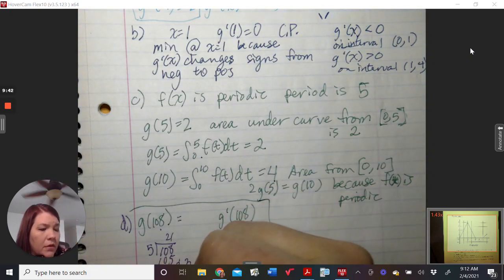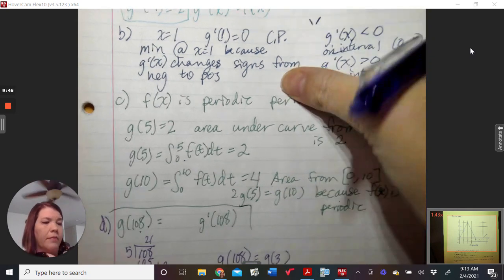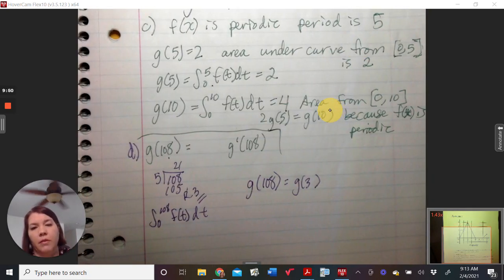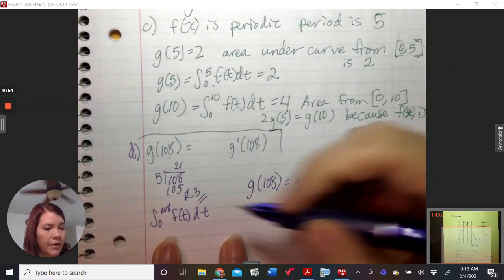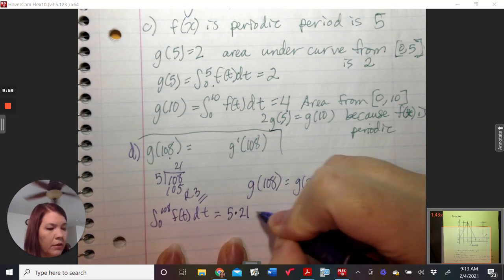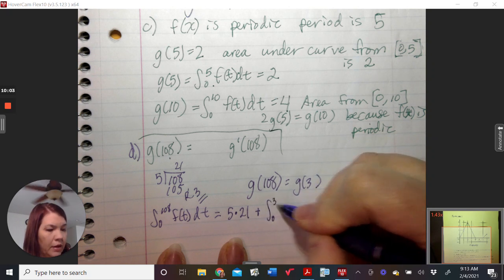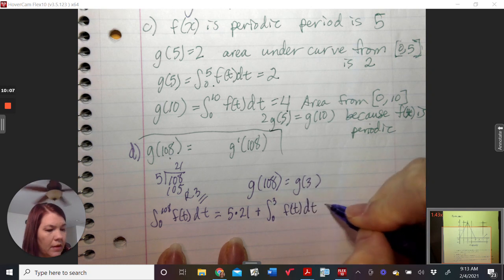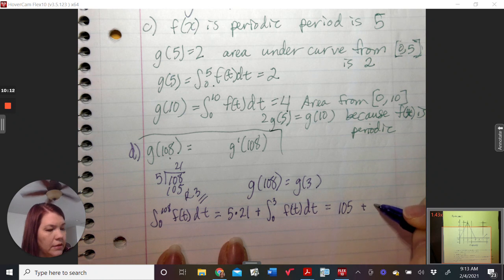Okay, anyway, f of t dt. Sorry, not doing great. Let's see what I can do here. The integral of f of t dt to 108 is going to be equal to 5 times 21 plus the area from 0 to 3 of f of t dt, which is equal to 105 plus 2, which is 107.